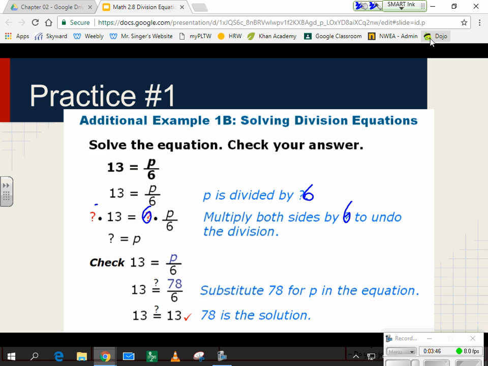And what we do to one side, we got to do to the other. So these cancel out, and now we're just left with p. And 6 times 13, that gives you 78. So our answer is 78, and again, how can we check? Plug 78 in for p, and you should be able to get 13, which you do.